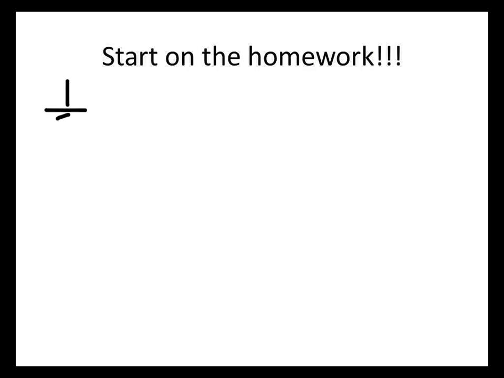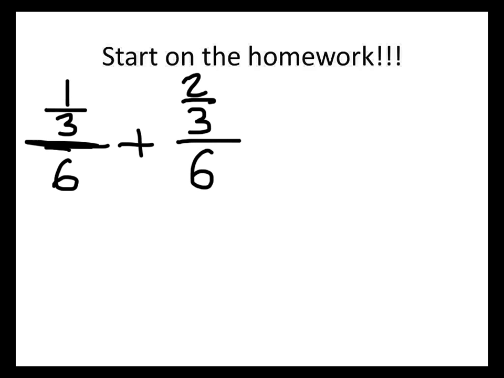Yeah, 1 over 3, and it's got a big line like this, right? Over 6. And what else is it? Plus 2 over 3, over 6. Do we have common denominators? Yes, we do. So it's 6, right? So then at the top you've just got 1/3 plus 2/3.